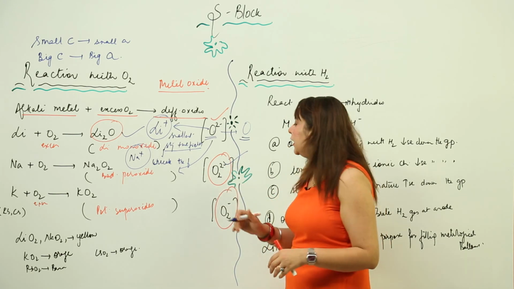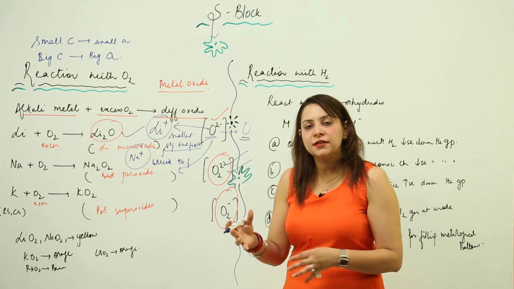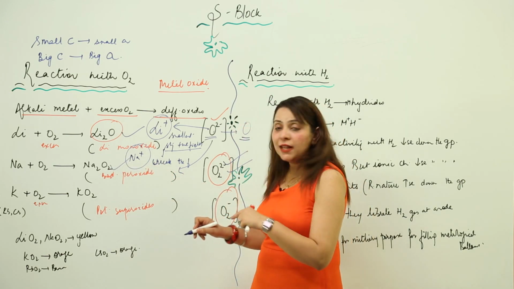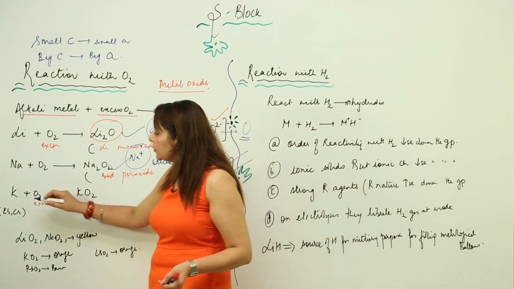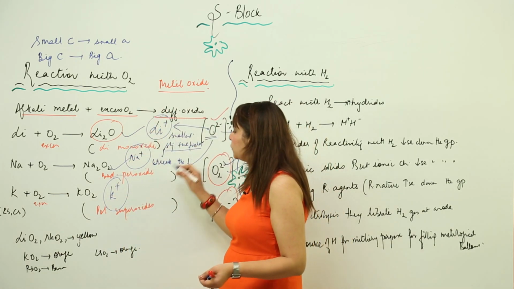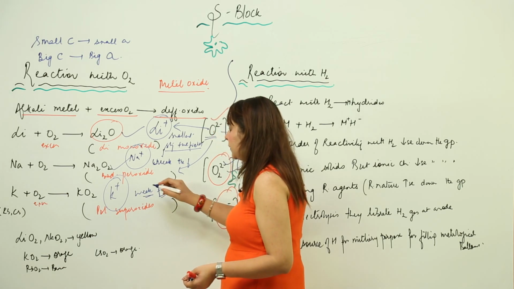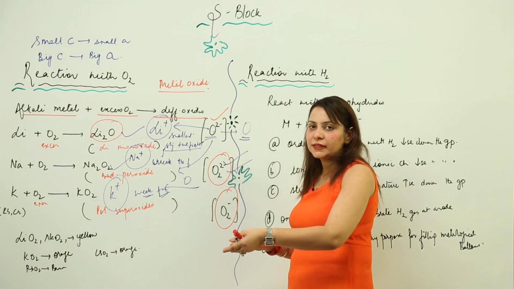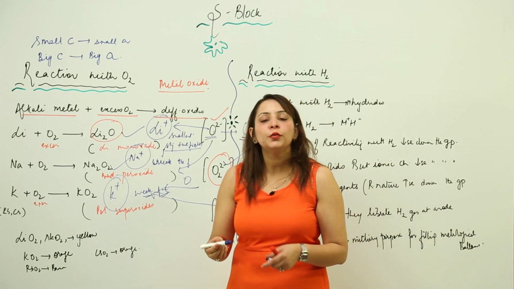Only then does the stabilization occur, only then is the lattice energy sufficient to stabilize this kind of compound. That is why it forms sodium peroxide. Again the same factor: the bigger the size, the bigger the anion it can stabilize. Likewise, potassium is still much bigger as compared to lithium and sodium, and it has a very weak positive field. It can stabilize one oxide ion, but it cannot prevent the oxide ion from coming in contact with more oxygen. That is the reason it combines further, leading to the formation of potassium superoxide.